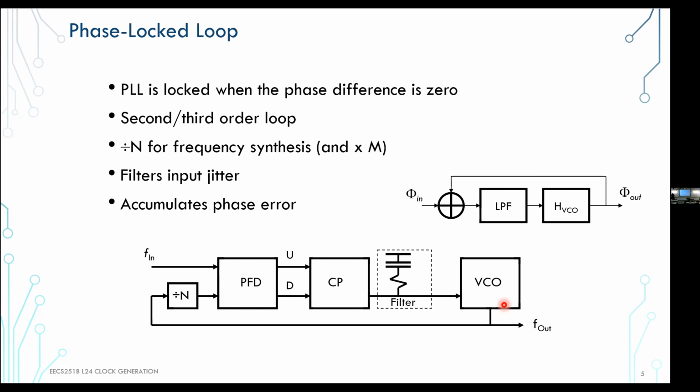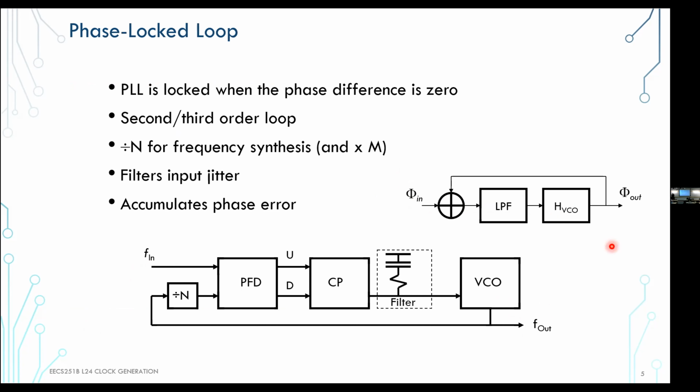Essentially, a phase lock loop, as the name says, tries to produce a clock at the output that is phase locked, or phase and frequency locked, with the incoming input reference clock.